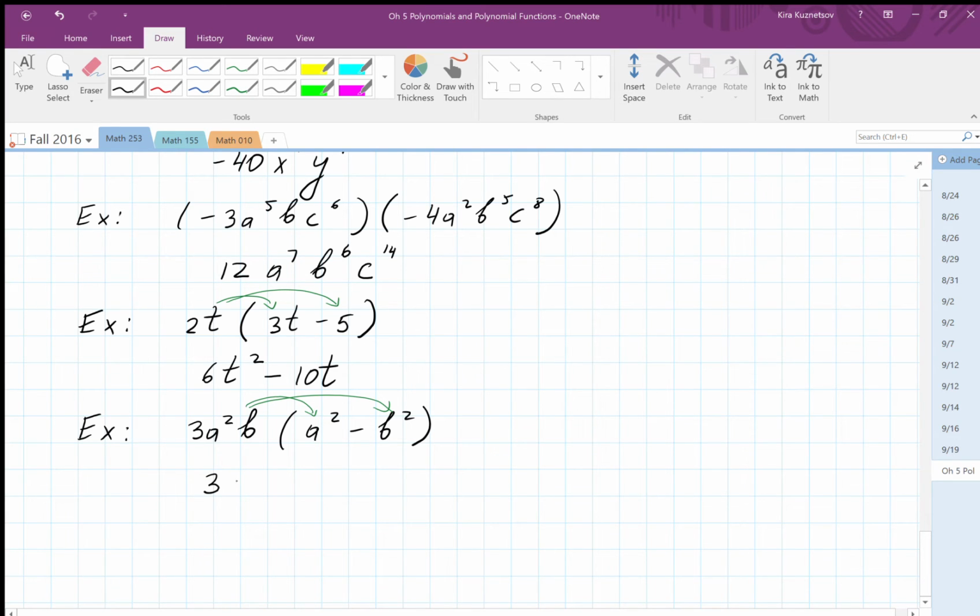The 3 is still there. The only thing that you need to do is you need to worry about those a's. You have 2 here and 2 here, so that becomes a 4a. Still have that b. Positive times negative is a negative, so I have a minus sign here. I still have my 3, I still have my a squared, and now I need to add the exponents on the b. 1 plus 2 is 3, and I'm done with that example.